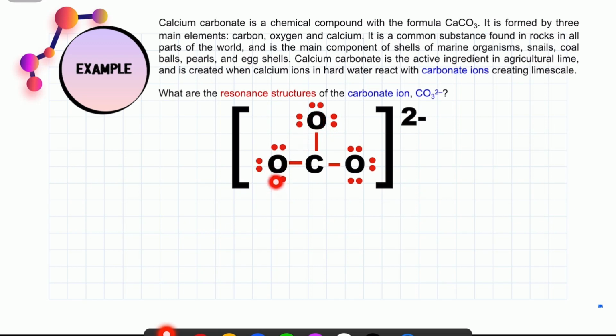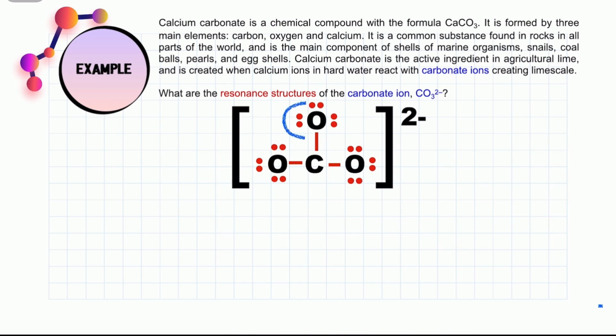For the example, I took this one: 2, 4, 6 and 8. Same for the other oxygens. But you can see that the carbon is not octet. Carbon must have 8 electrons around it, but here there are only 6 electrons: 2, 4, 6.